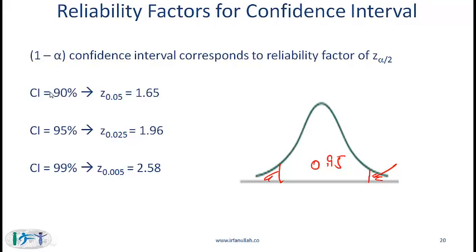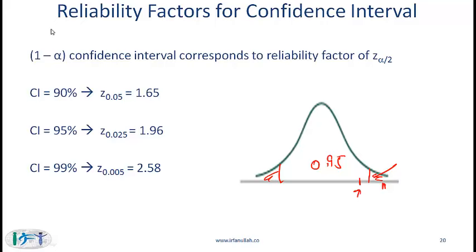If your confidence level is 90% or 0.9, then obviously the z value will be smaller, and that is 1.65. And if your confidence level is 99%, then the z value will be larger, 2.58 to be specific.